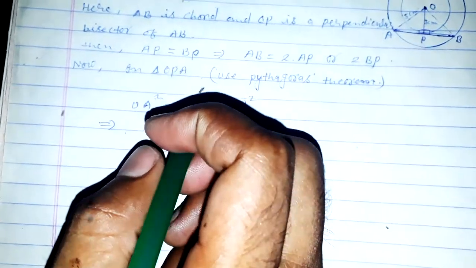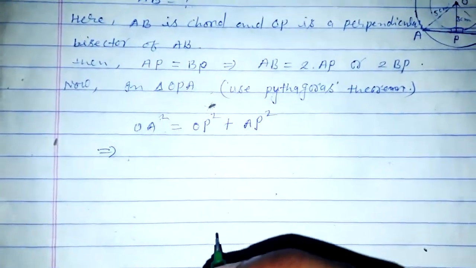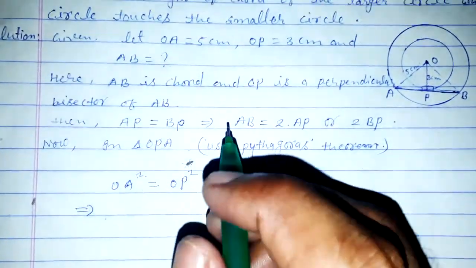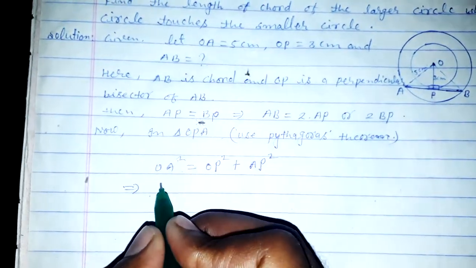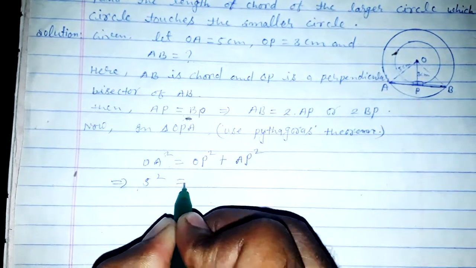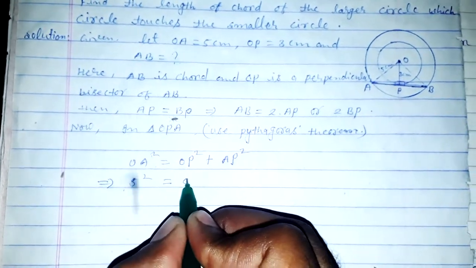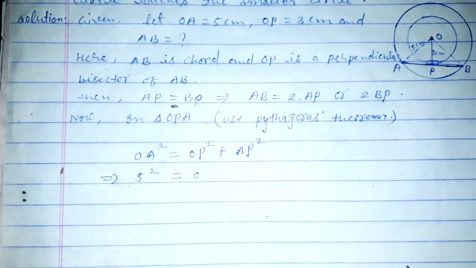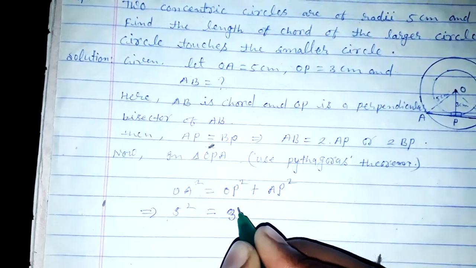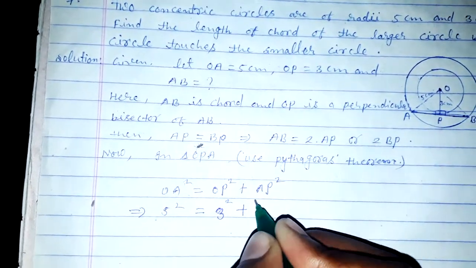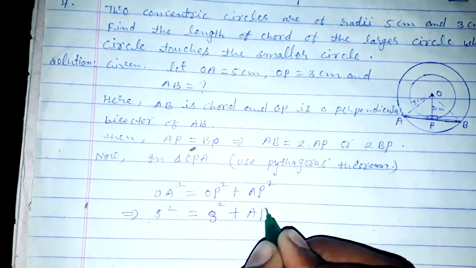OA is 5 centimeter, so 5 square is equal to OP square, and OP is 3 centimeter, so 3 square plus AP square.